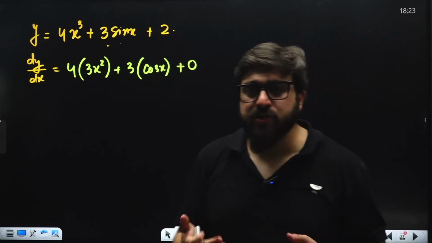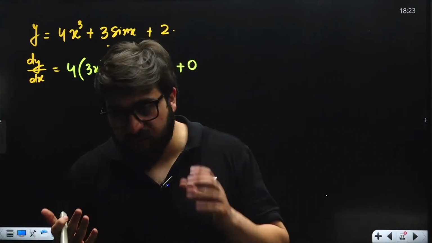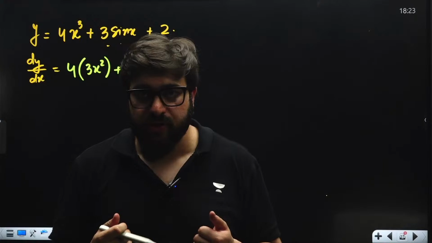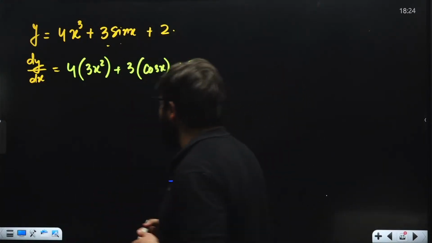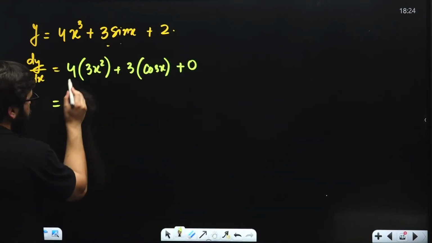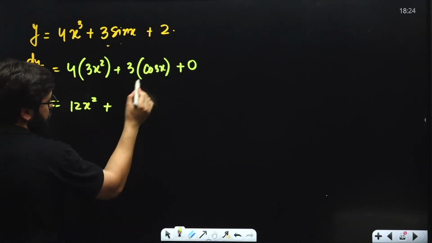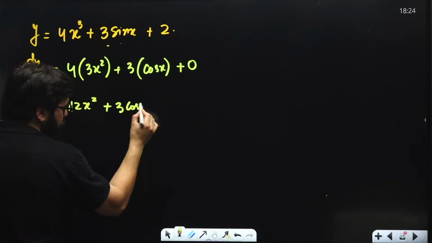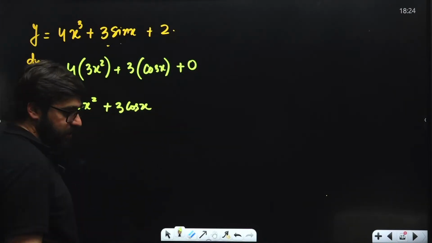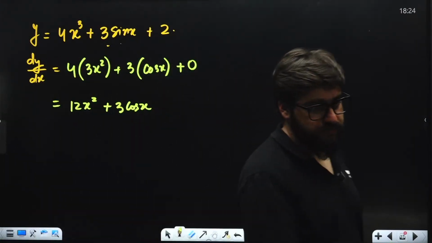Because if something is constant, it will not change, and differentiation itself means the change. So 4 into 3 is 12x square plus 3 cos of x.